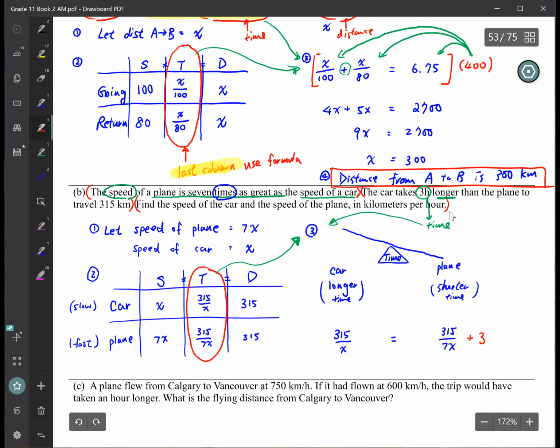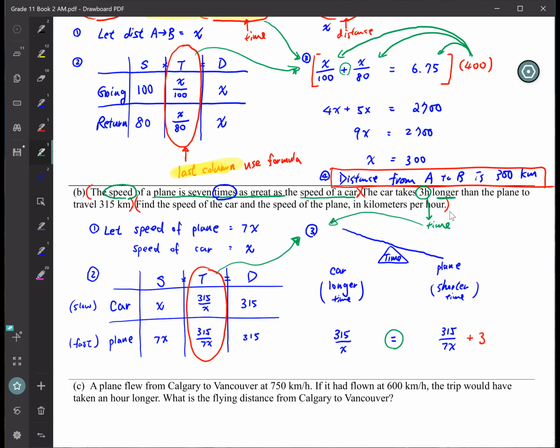If you add 3 hours to the time for the plane, it will be the same time as the car. So they equal, right? The key is to make the two times equal, so it becomes a balance. So you can have either of the two equations. It doesn't matter. At the end, you're still ending up solving the same x.